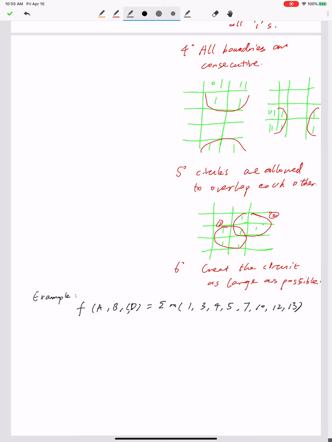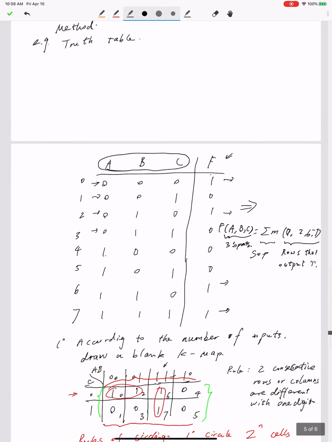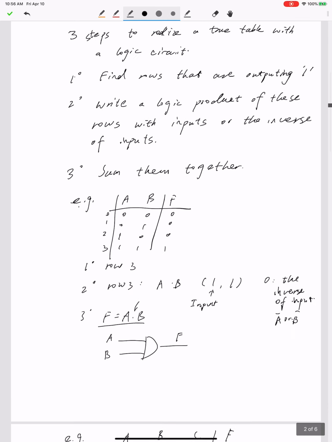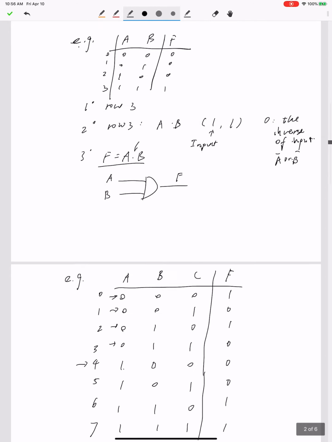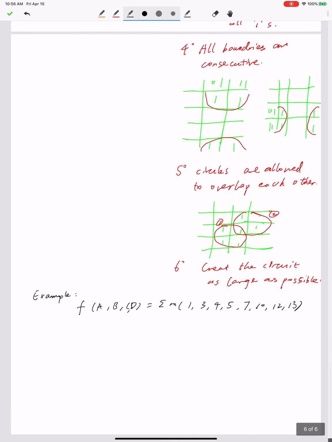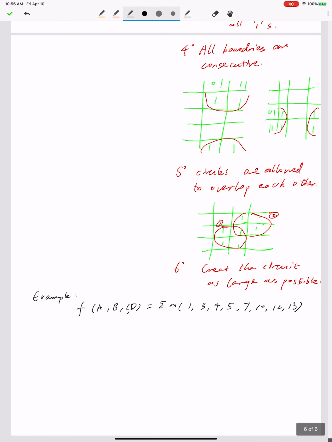So in this expression, first, it is equivalent to a truth table. Second, it is equivalent to a logic expression, because after we have the truth table, we can use the synthesis of logical circuits to draw the corresponding logic expression. And after we have the logic expression, we can draw the logical circuit.